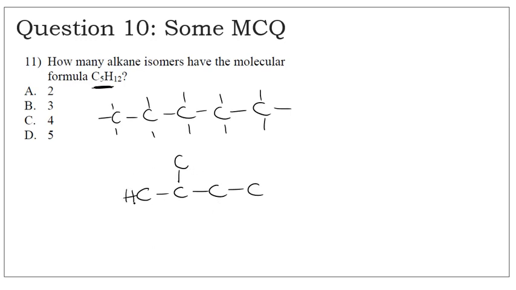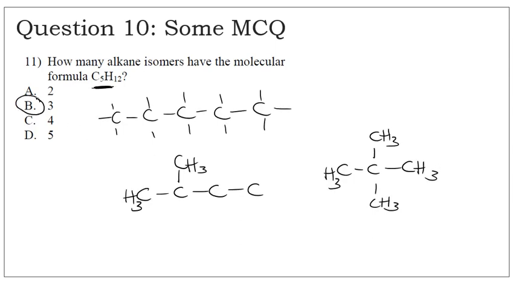So it's really only one version with 4 as the longest carbon chain. And I think we can do 1 for 3. It's here and here. And that's about it. That's everything you can have. So 3 possible alkane isomers.